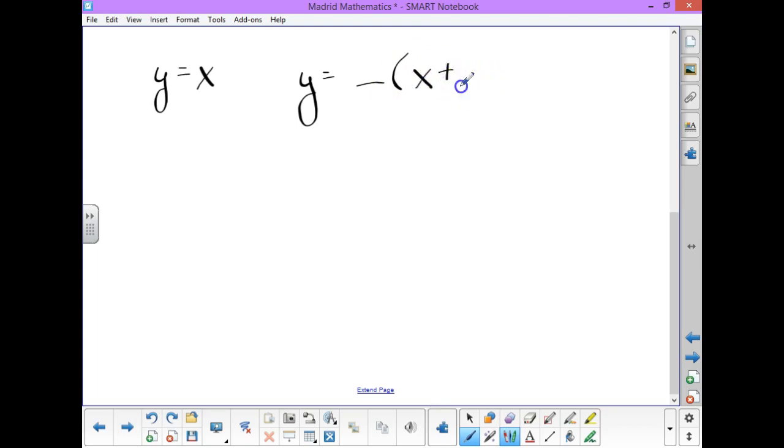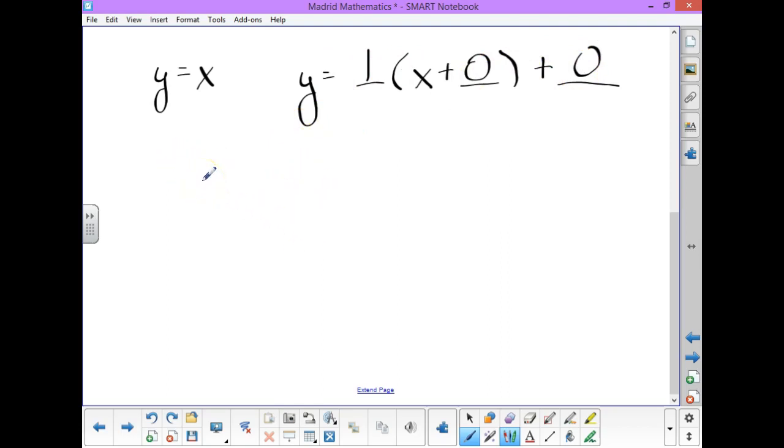Here I have a 1 up front, so that's where that goes. Back here I don't have anything, so I'll add a 0 in there. And I need to add something else that will still give me x, so I'll put a 0 in there. Now I have the form, and I can declare the transformations.